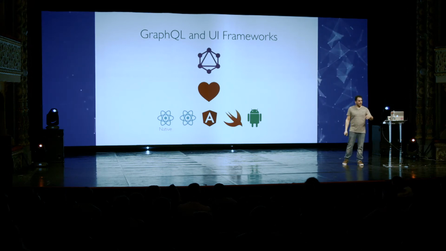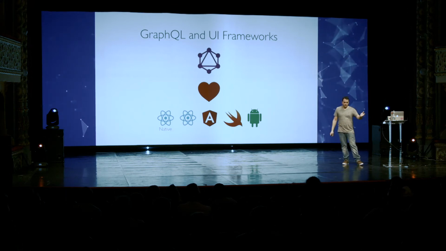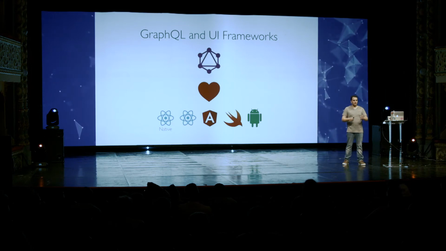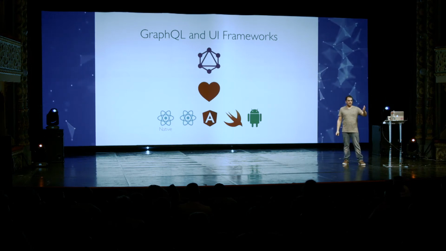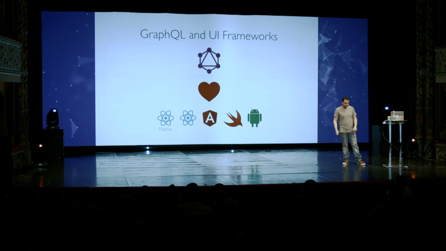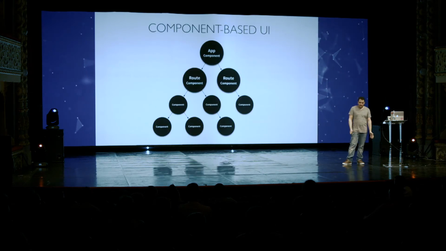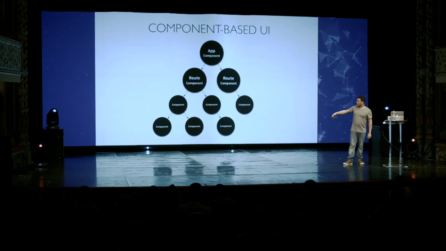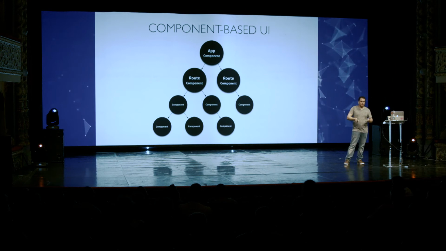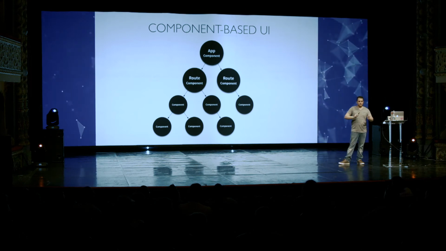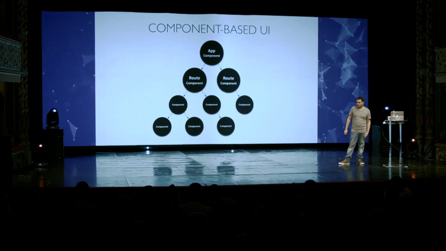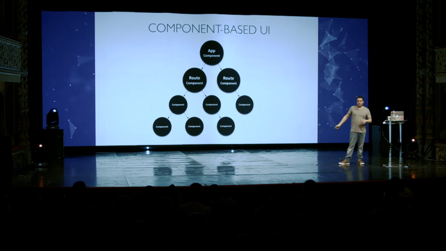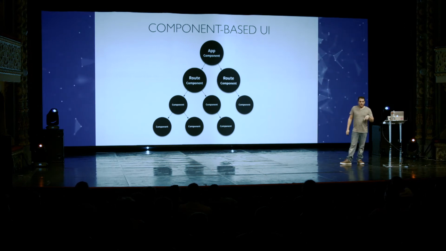We usually add UI logic that manages the UI state, but the data comes from the outside. And most of the applications today are built as a tree of components with a root component. Usually we have a router or something like that that manages the app state and the main view. And each view is split into smaller pieces.